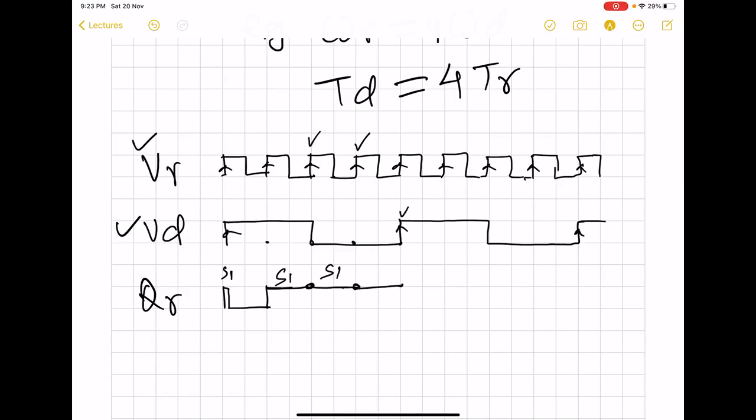Only here where this rising edge of VD occurs, it will be brought back to state 0. But then after again a short duration, it will move back to state 1. So this is state 0, this is state 1.